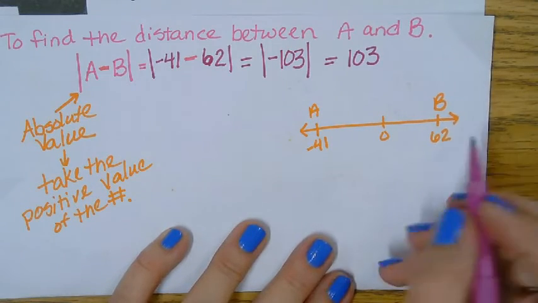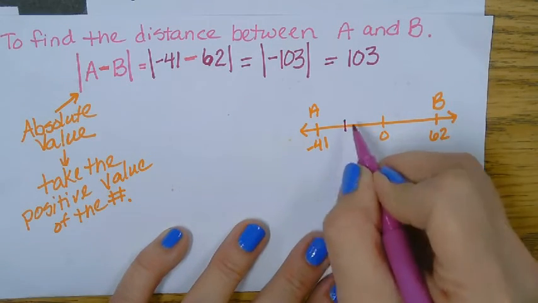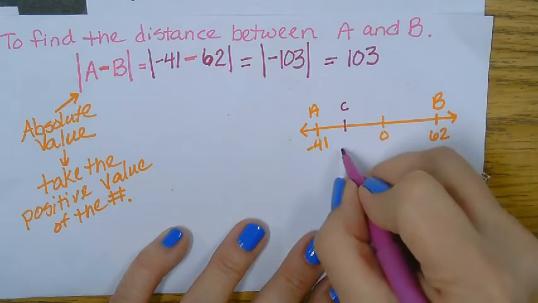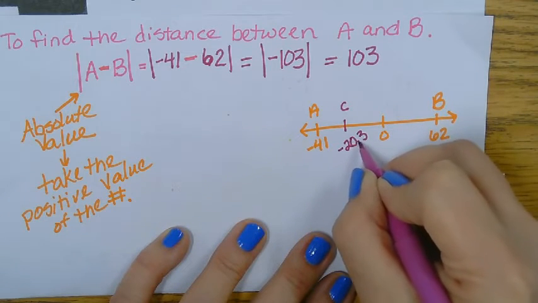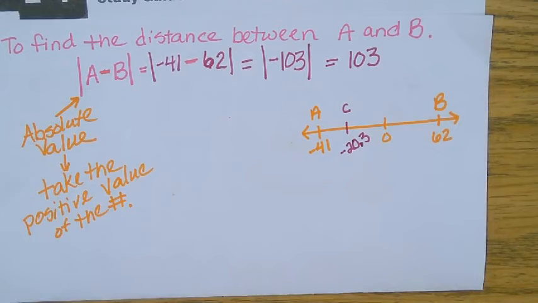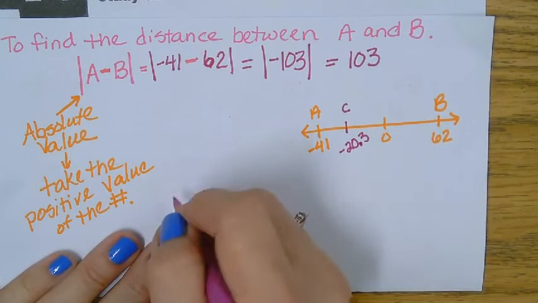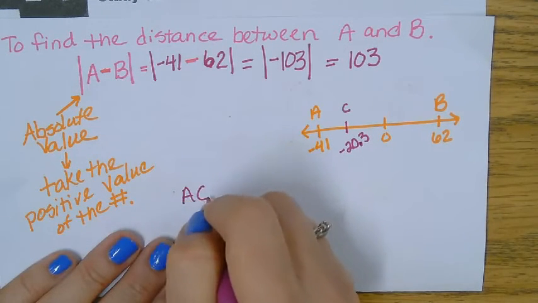Okay, what if I have point C here at negative 20.3? And I want to find the length of AC.